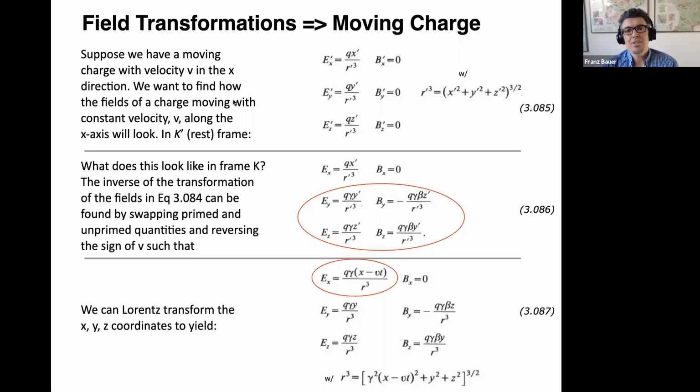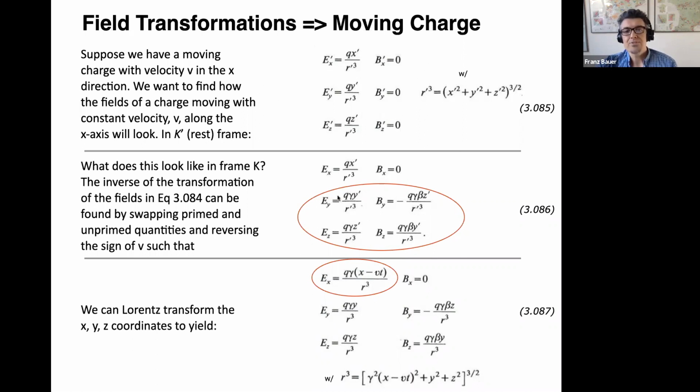We have a charge in one frame and we can characterize its electric field in that frame as a function of radius and position. This is fairly simple, just Coulomb's law. When we transform it into the K frame, we have interesting consequences.